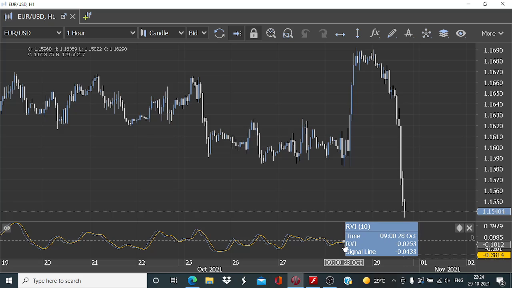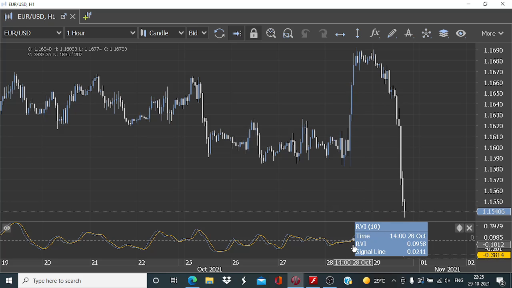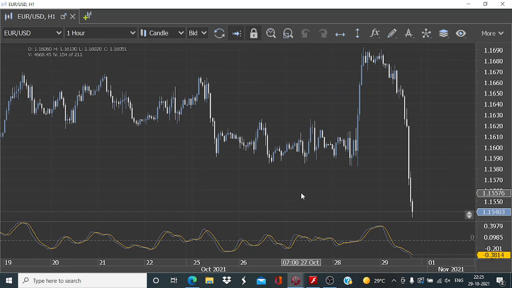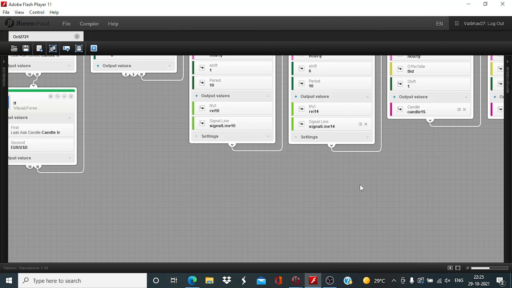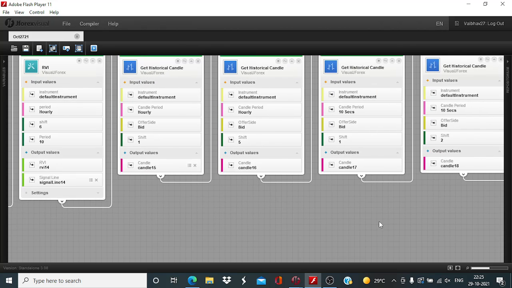And if we have this prior crossover in the required formation, where we need the RVI output to have been below zero as well as the signal line, the trade execution will happen. So that's the idea behind this algorithm. Now let's turn to the execution part.